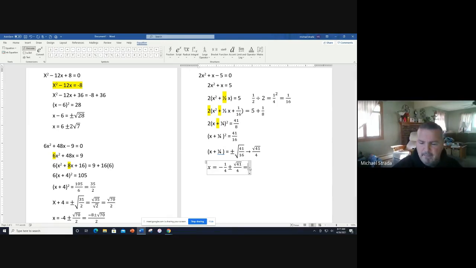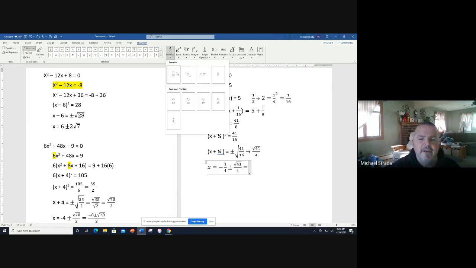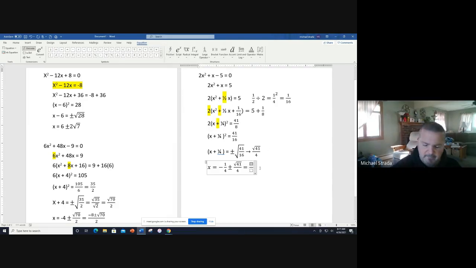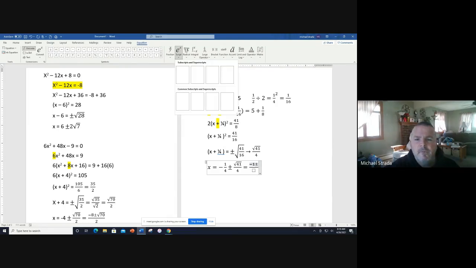And that's going to equal, as a single rational expression because they have a common denominator, negative 1 plus minus square root of 41 over 4.